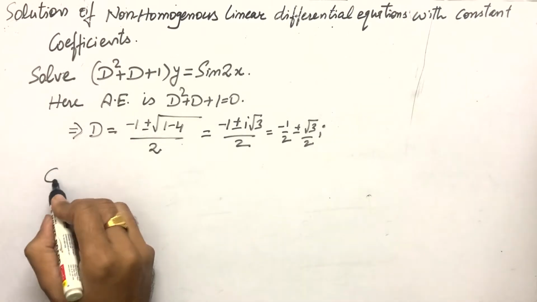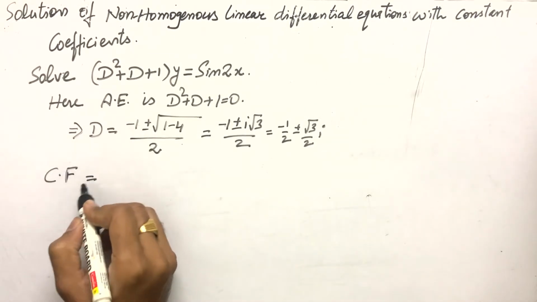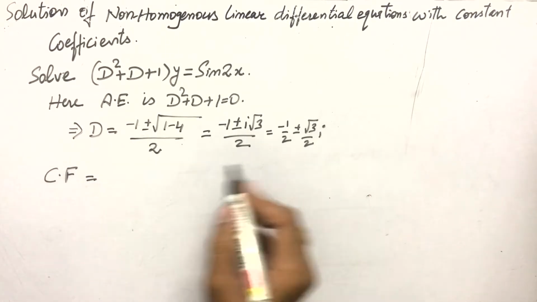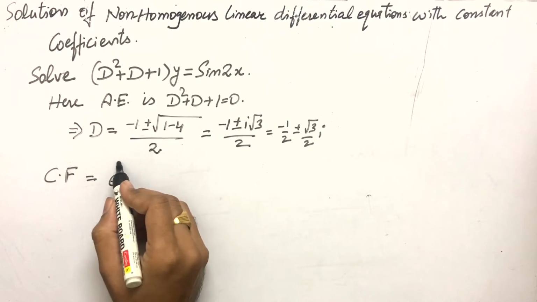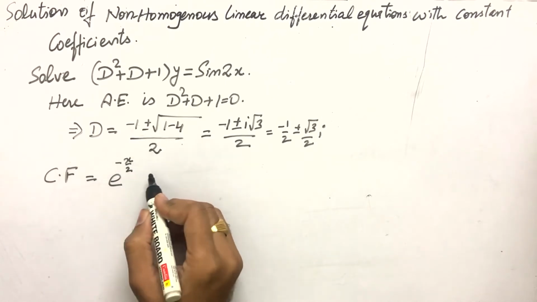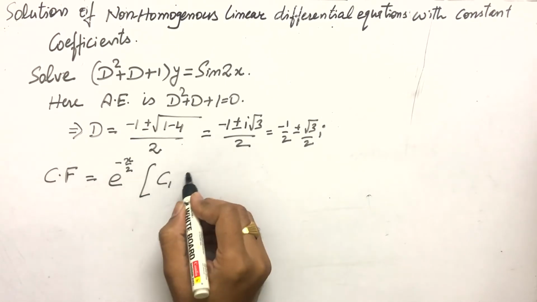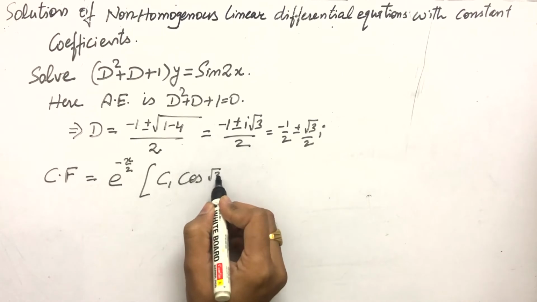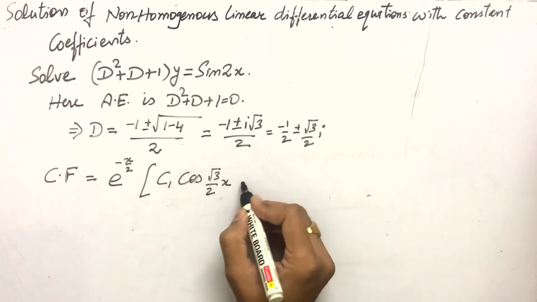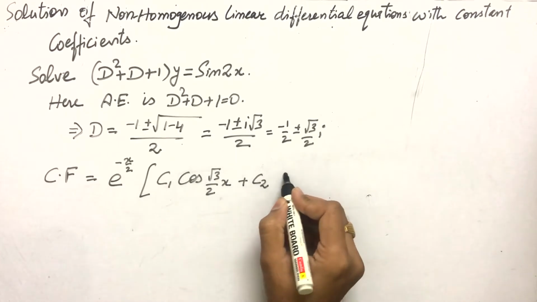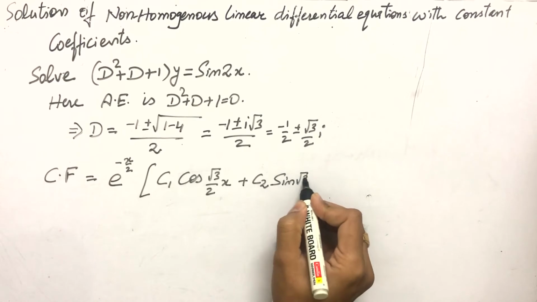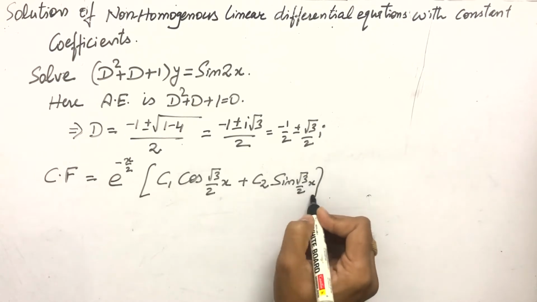Very easily we can write the complementary function here. As we have complex roots, we write the real part as the power of the exponential: e power minus x by 2 times (c1 cos root 3 by 2 x plus c2 sine root 3 by 2 x). So this is one part.